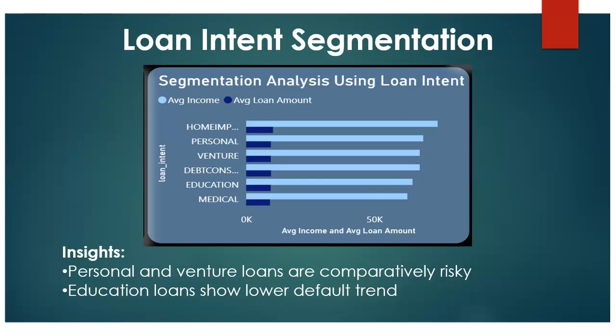I compared average income and average loan amount across these categories. The analysis shows that personal and venture loans have relatively higher risk because borrowers in these categories often have higher loan to income ratios. Education and medical loans appear comparatively safer.